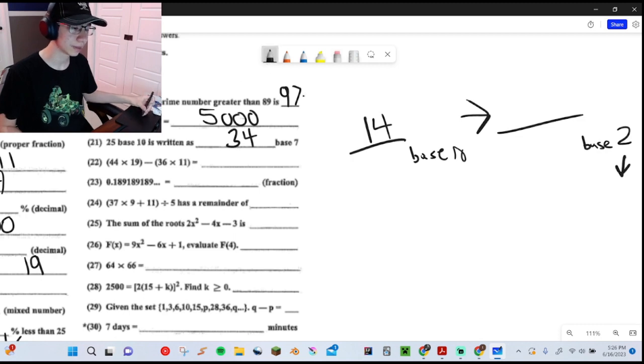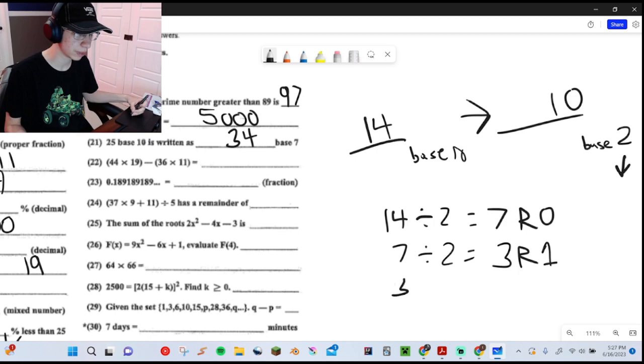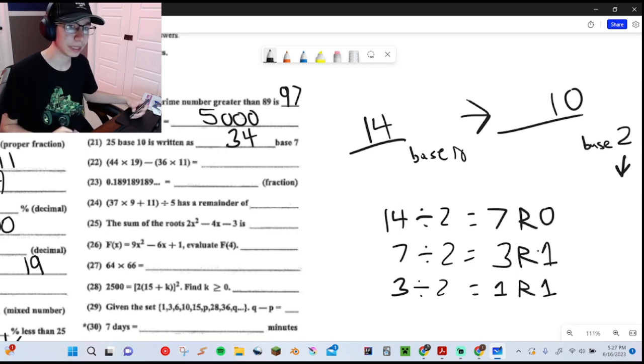So how do we convert 14 to base 2? Well, I divide, and I get 7 with a remainder of 0. So I write down the 0 and continue dividing. 7 divided by 2, that's 3 with a remainder of 1. So I write down the 1 and I keep dividing. So 3 divided by 2, that's going to be 1, remainder of 1, so I write down that remainder of 1, and I keep dividing.